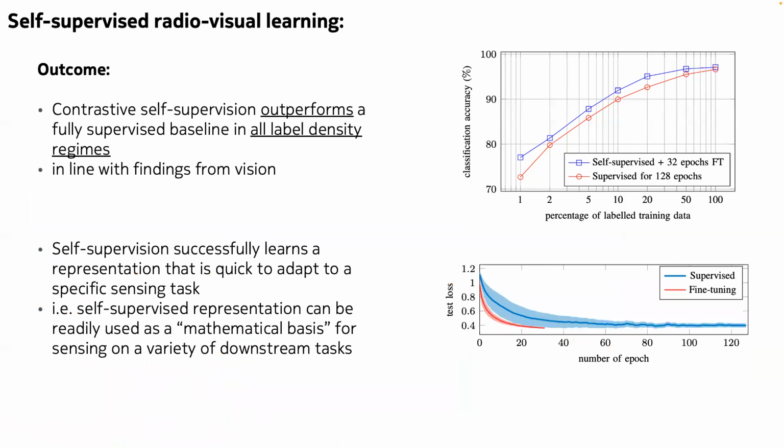The quality of the SSL pre-trained representation is corroborated by looking at how many training epochs it takes to fine-tune for a specific downstream task. Indeed, in our experiments, around 30 epochs suffice to build the downstream task.